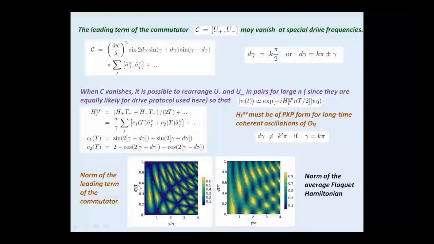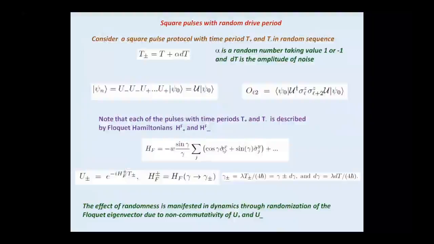I'd really like you to go through the original paper for the details of this, because this is going to take a lot of time if I have to explain it in detail. Sorry about that, but the main message is that you can use the strength of this noise to tune the ergodicity properties.